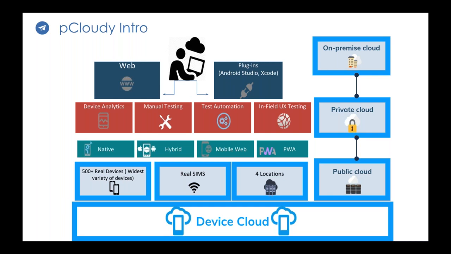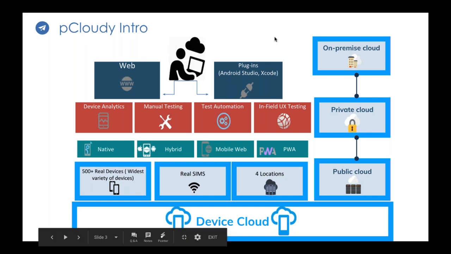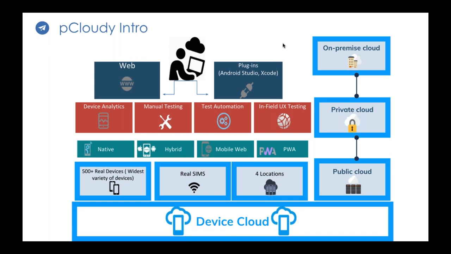You access those devices over your browser. You can access them using the web over your browser, or you could access them using a variety of plugins that we provide. We have plugins for Android Studio, we have plugins for Xcode, we have plugins to directly tunnel into a device. You could access pCloudy through any of those mechanisms.